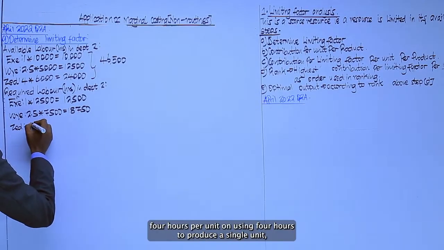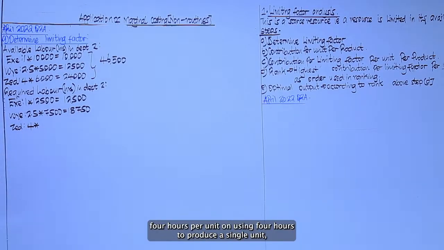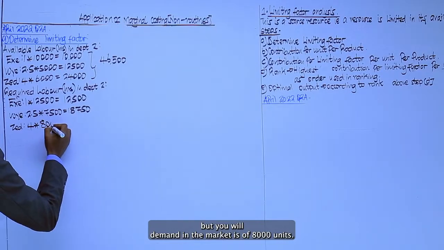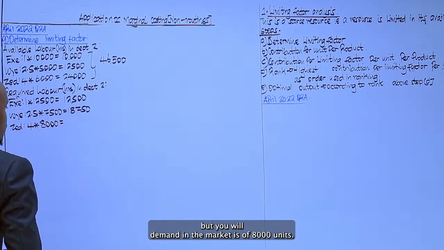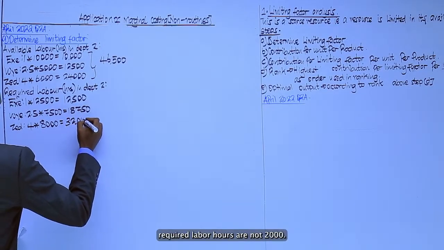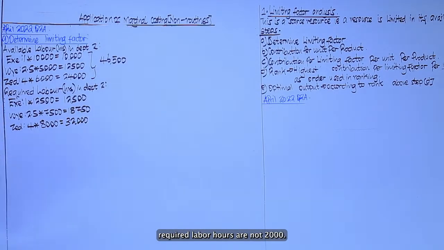you require 4 hours per unit, or you'll be using 4 hours to produce a single unit, but your demand in the market is 8,000 units. Therefore, your total required labor hours are 32,000.